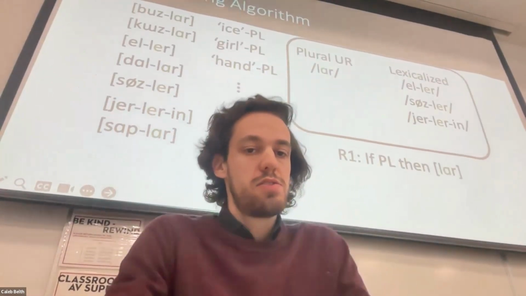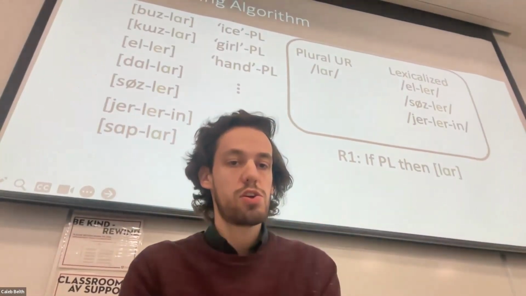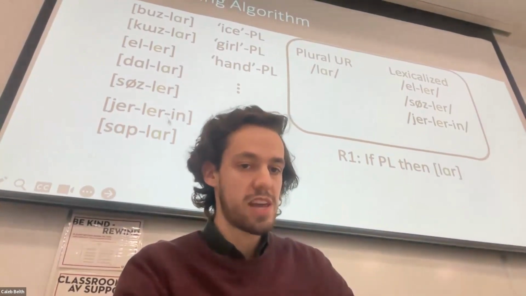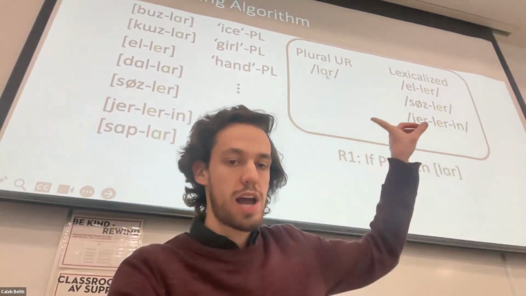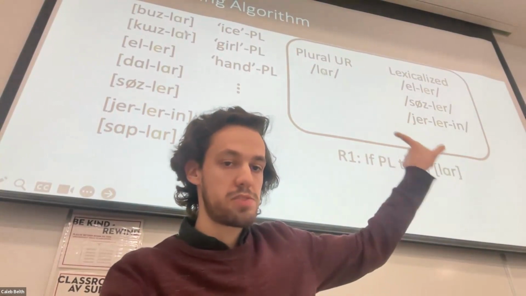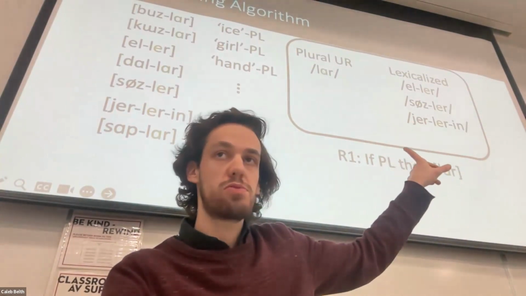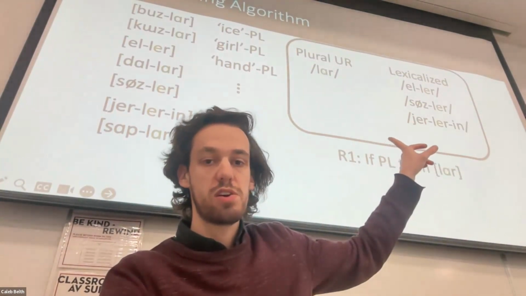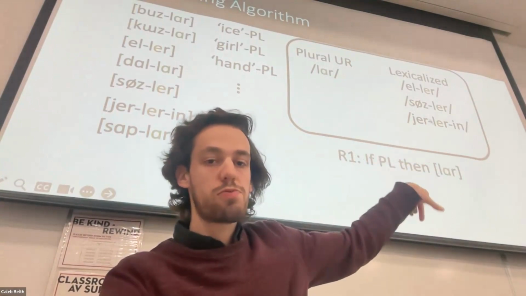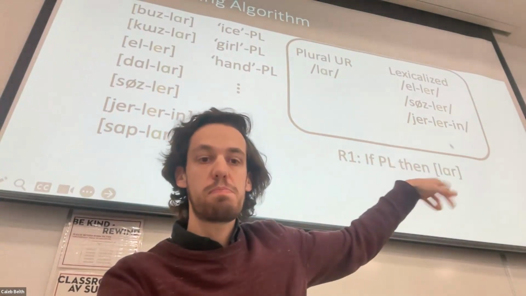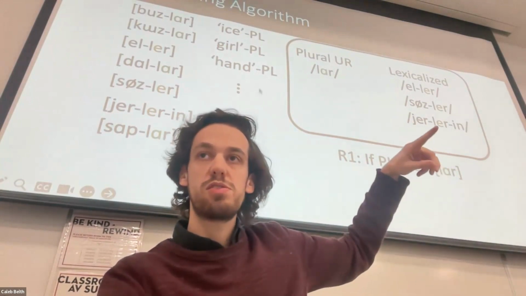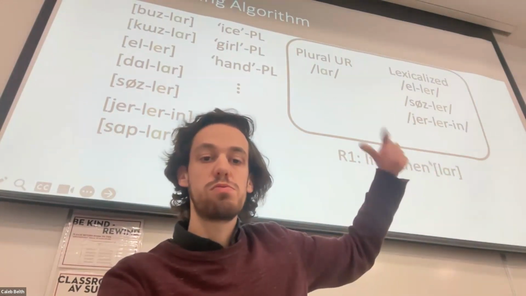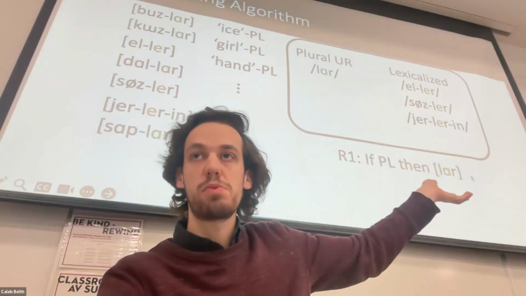And the learner first sets up, let's say at this stage in the algorithm, LAR, the back vowel form, as the plural underlying form because it's occurred 4 out of 7 times. And so any word form that doesn't have the back vowel as the realization of the plural is going to be an exception to if plural, then it's the back vowel form.